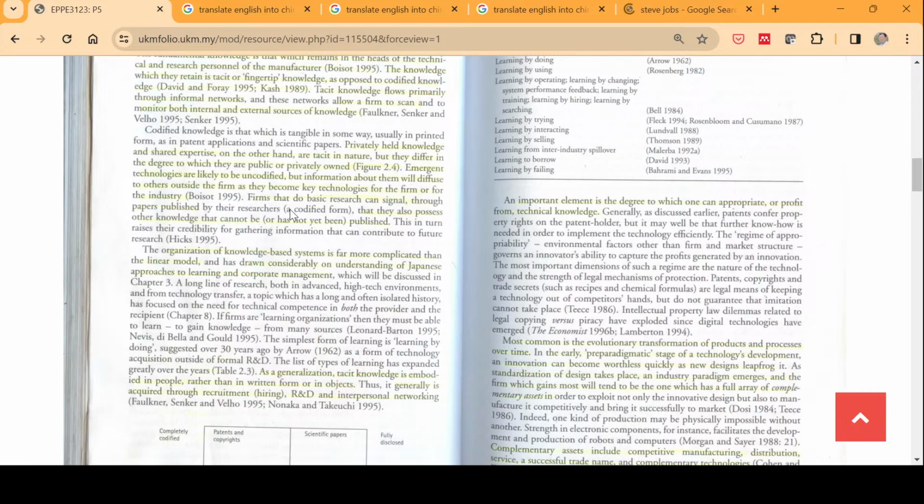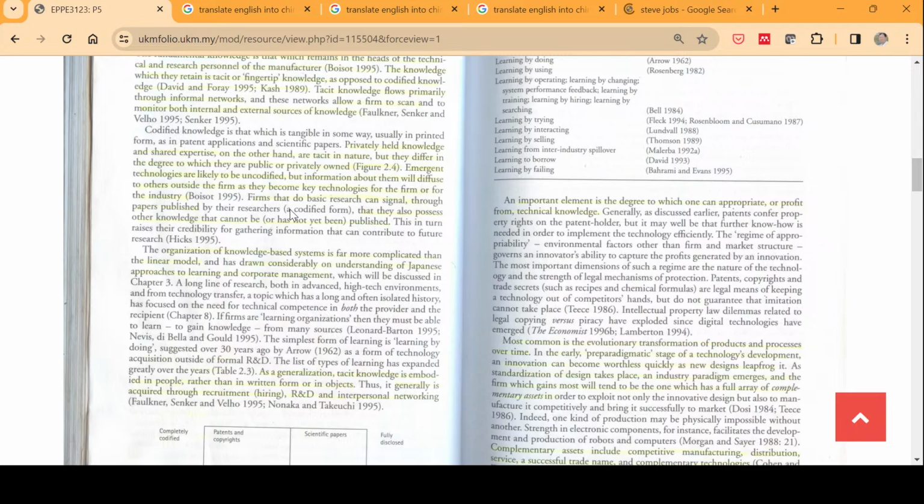And patents and copyrights are completely codified because they are coded. It's like a manual. When you buy a car, a TV, whatever, there's a manual on how to use it. So these patents and copyright applications explain it.